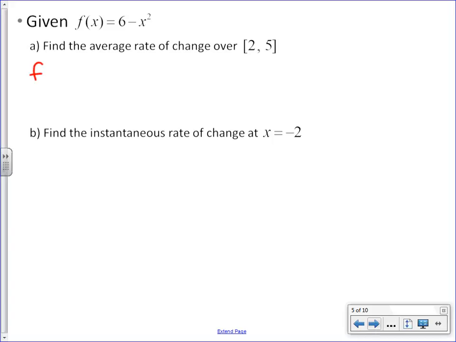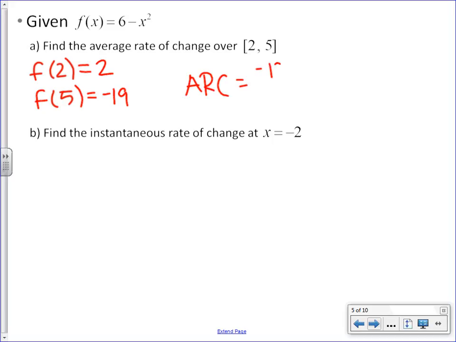So when x is 2, what is y? When x is 5, what is y? So our average rate of change is the slope between these 2 points.